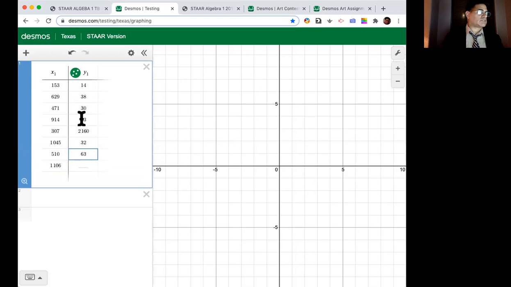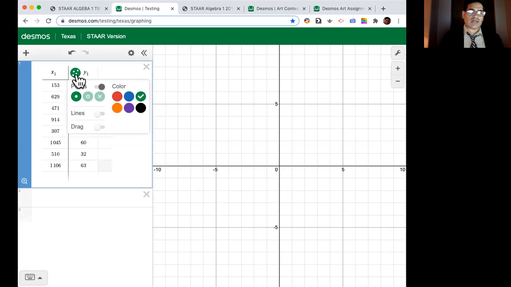Oops, I must have missed something because they don't match up. 14, 38, 30, 53, 21, 60, 32, and 63. All right, I click on here, hold down, make a line, see if that gives us anything.